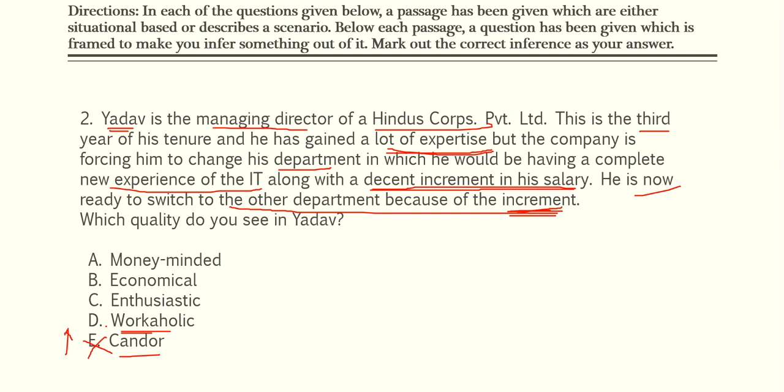Suppose he's just sleeping for 1 or 2 hours in a day of 24 hours, and he's going on working and working, right? That is what we call workaholic. So nothing such is mentioned in the passage, right? We cannot assume that Yadav is workaholic. We can only infer from what we have been given in the passage. We can just check the facts and infer.